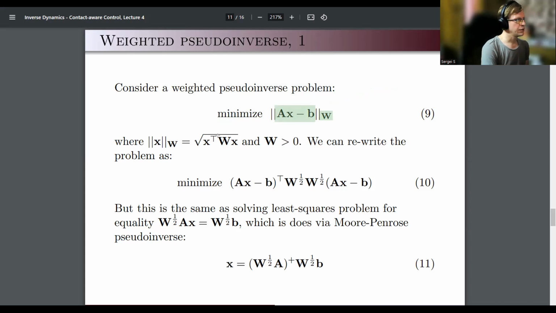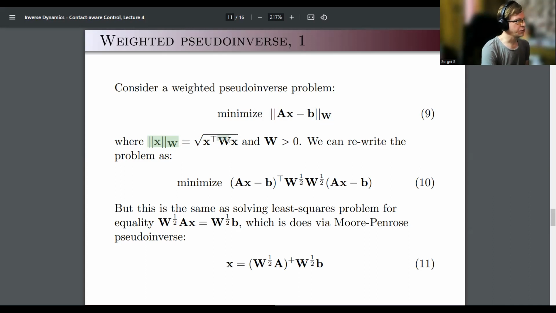A weighted norm has a matrix inside the square root. So rather than being a dot product with itself, it is a quadratic form with this weight matrix, a matrix of coefficients. This is what we call the weighted norm.